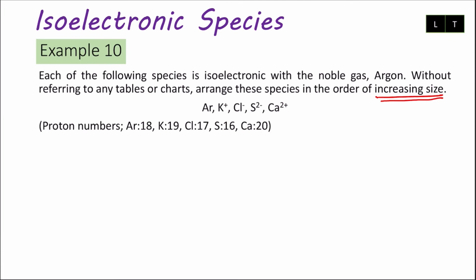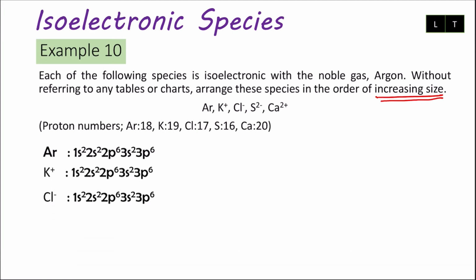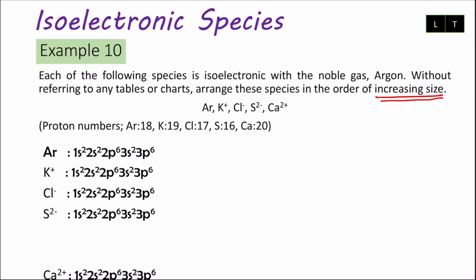No matter what, to start this question, write the electronic configuration first. So I have argon here, K+, Cl-, S2-, and Ca2+. You can see that all of them have the same electronic configuration with 18 electrons. Next, we can say that they are isoelectronic.